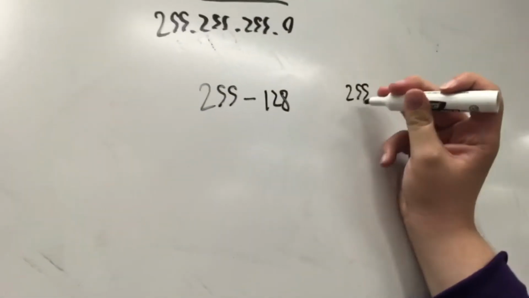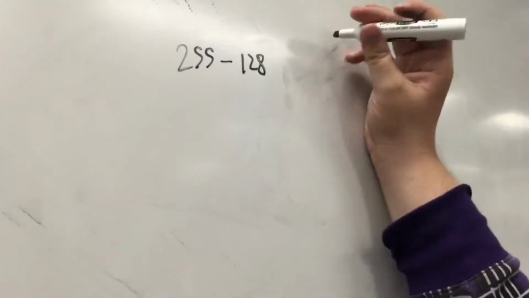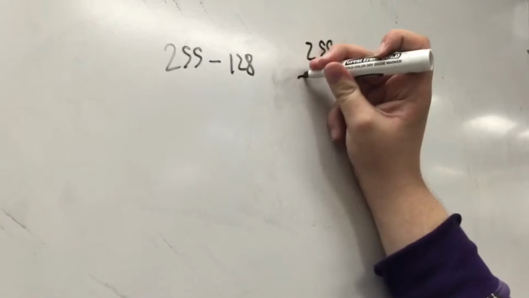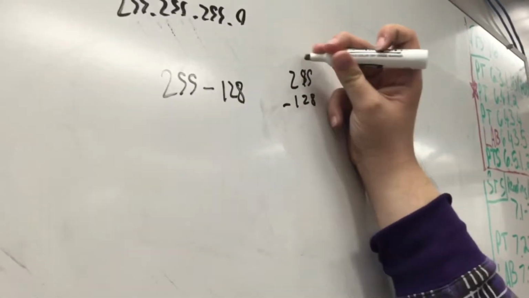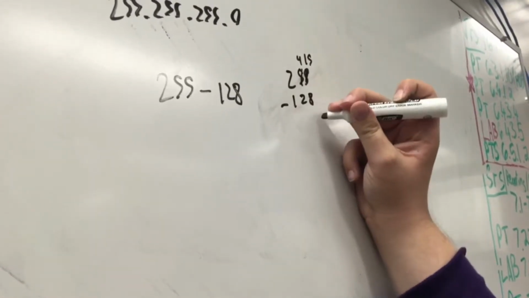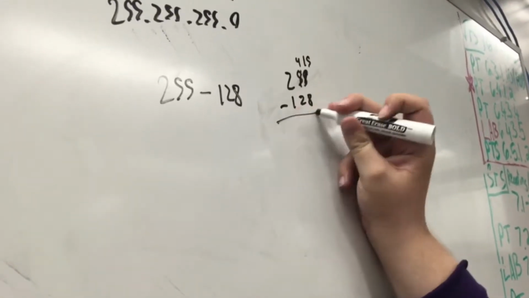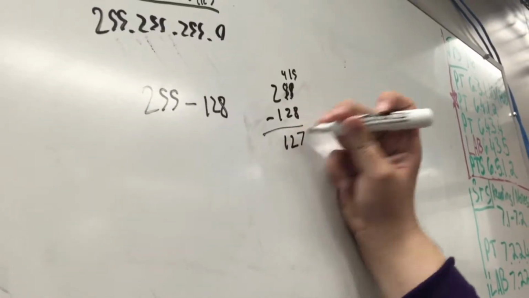So 255, sorry, I'm horrible at writing, 255 minus 128. So let's see here. 15 minus 8, that would be 7. 4 minus 2, 2, 1. 127.